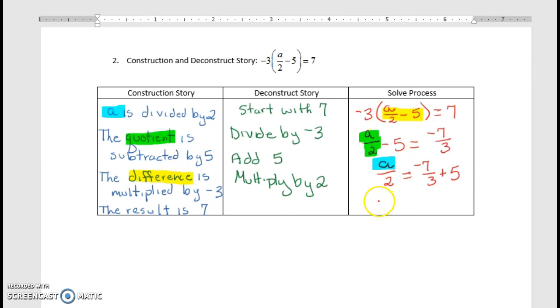And so now I know that a is going to equal 2 times -7/3 plus 5. And all I need to do is use a calculator and plug that into my calculator so I can compute what that value is.